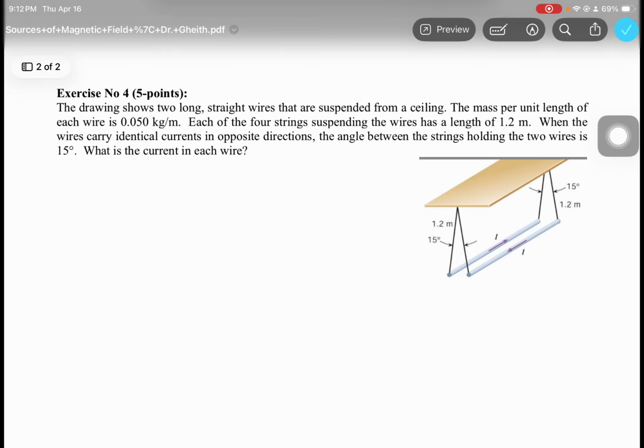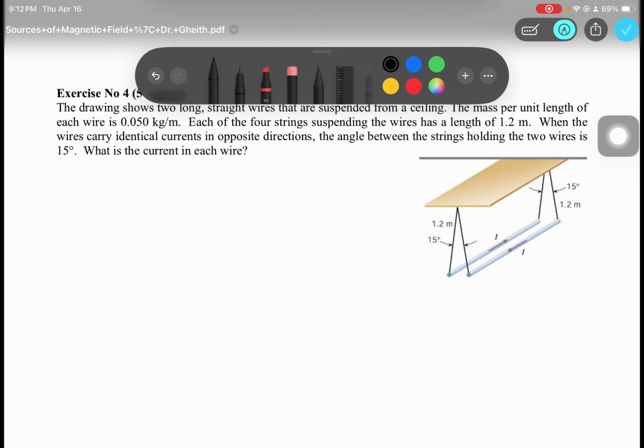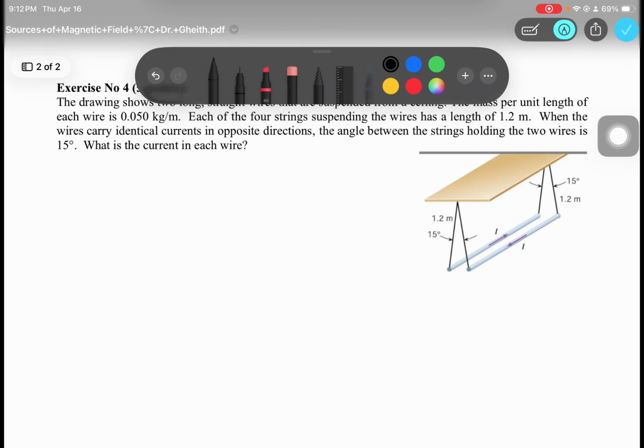This time I'm going to start with exercise 4. So here's the picture, and we're going to draw the picture like this.